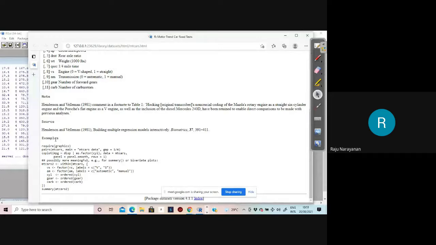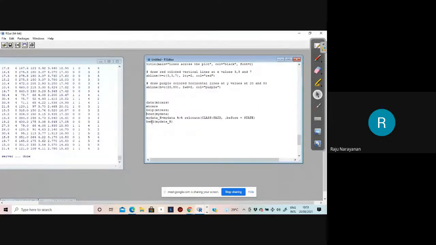Here you can see some examples also. Don't worry about those examples. If you want to see head data, you will get the first 6 rows. Because head mtcars I have to write.